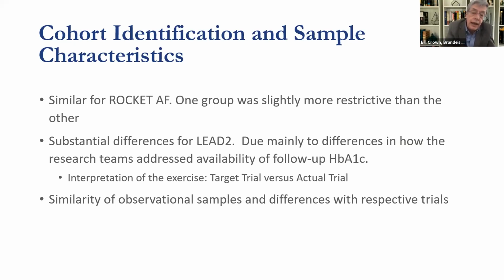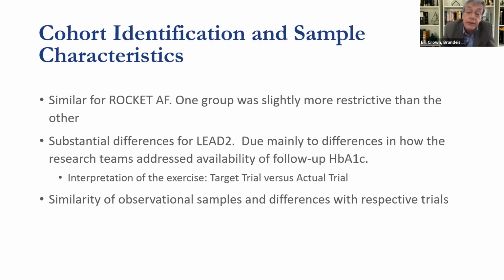in one case, it was a matter of designing the target trial to answer the same question as the real trial. And the second group interpreted that more narrowly to mean I want to follow the same inclusion-exclusion criteria as the actual trial.